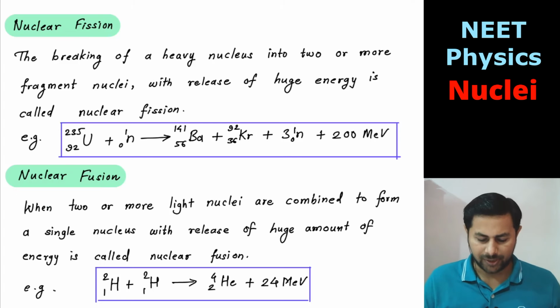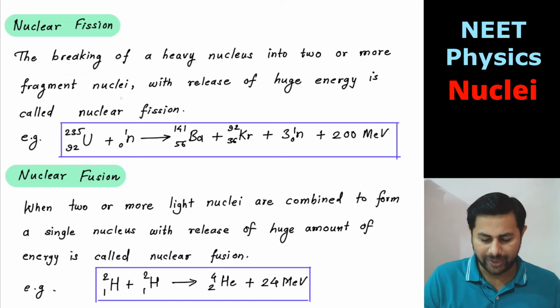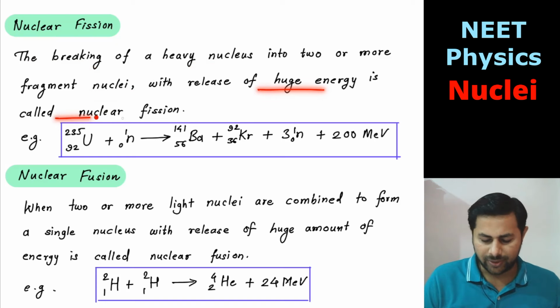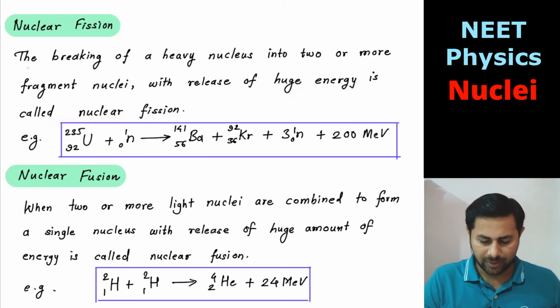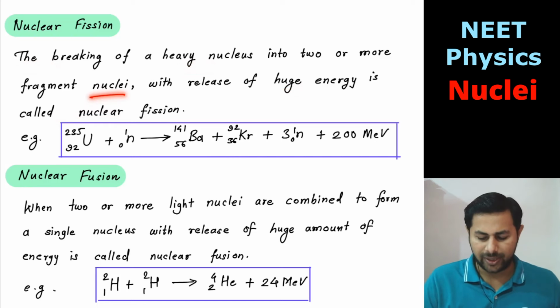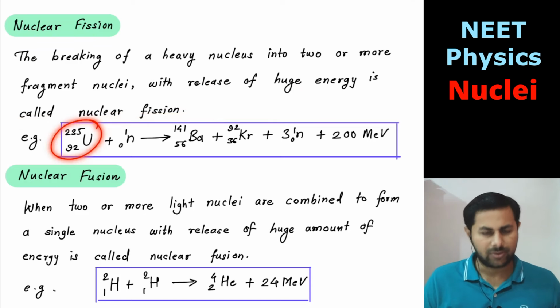The breaking of a heavy nucleus into two or more fragment nuclei with release of a huge energy is known as nuclear fission. For an example, you have uranium 92, 235.